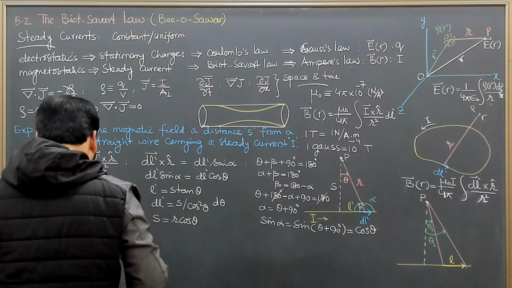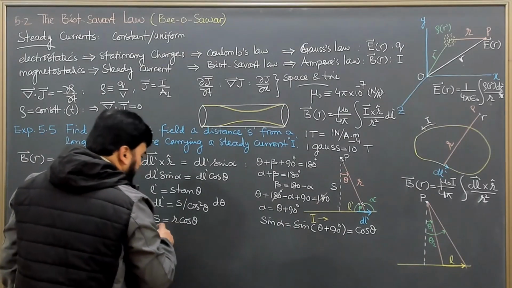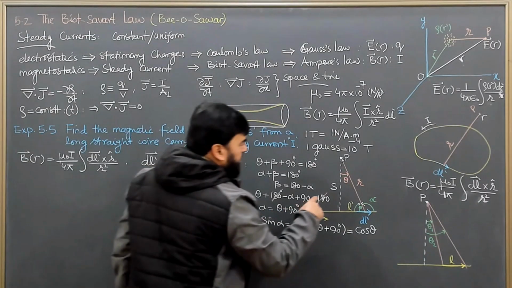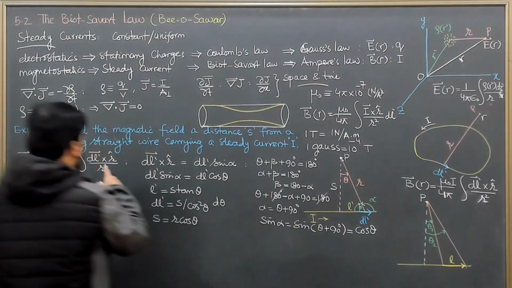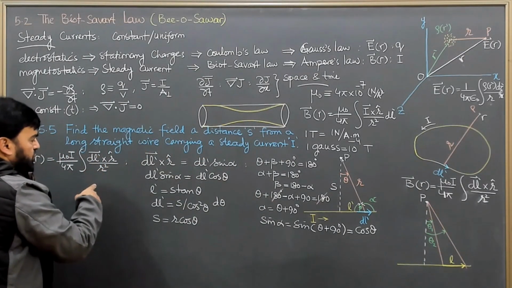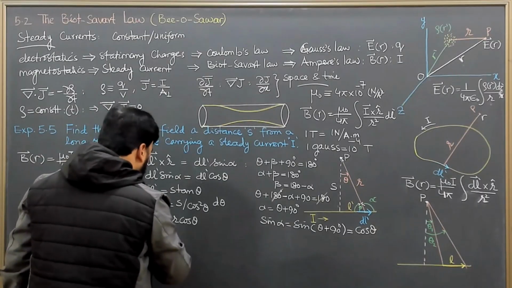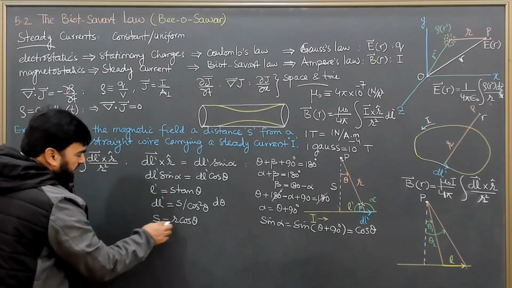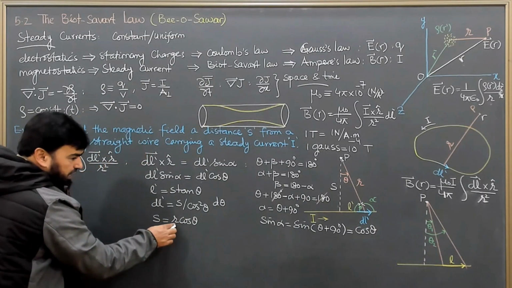And further, if I do write this thing, because what I need is 1 over r square in this formula. So if I write S over cos theta, then this is r.